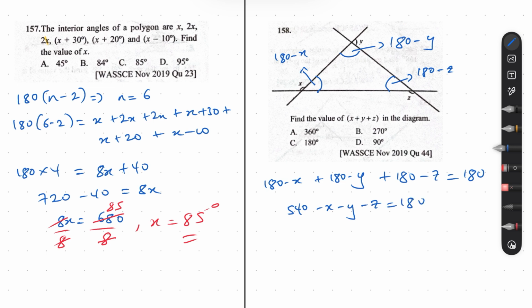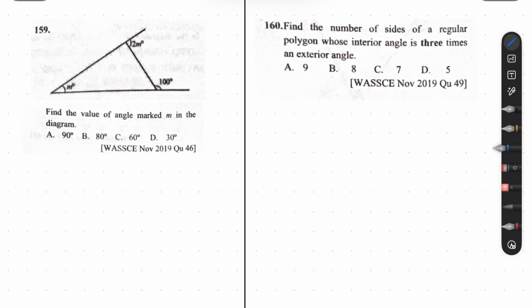Now if we rearrange the equation so that all the variables come to this side, we would have 540 minus 180 to give us x plus y plus z. So x plus y plus z should give us 360, which is A.